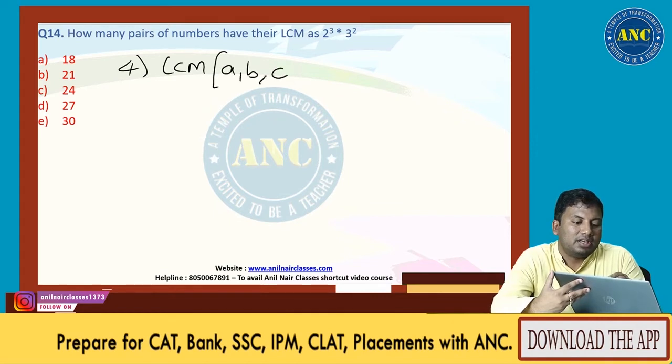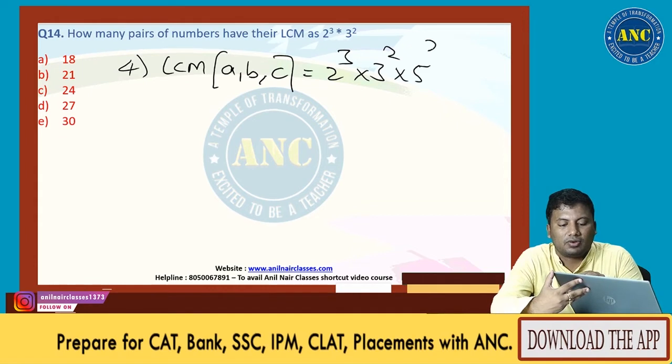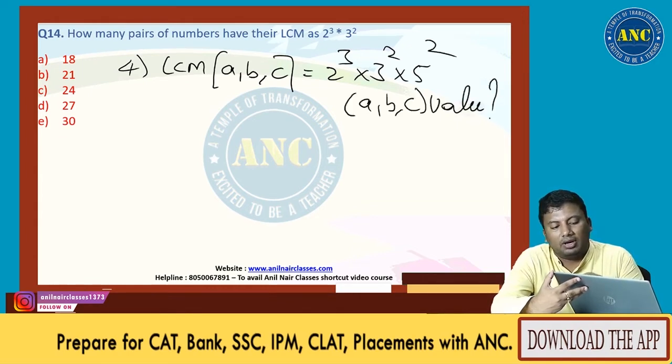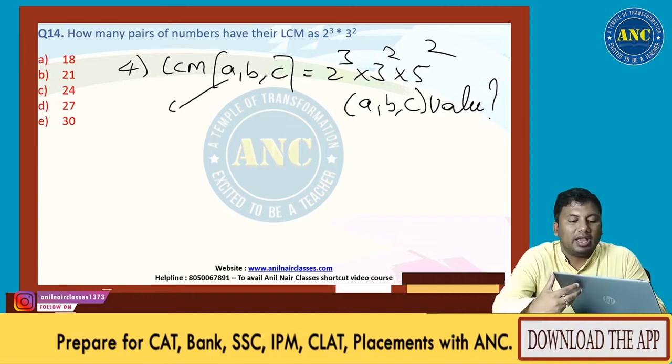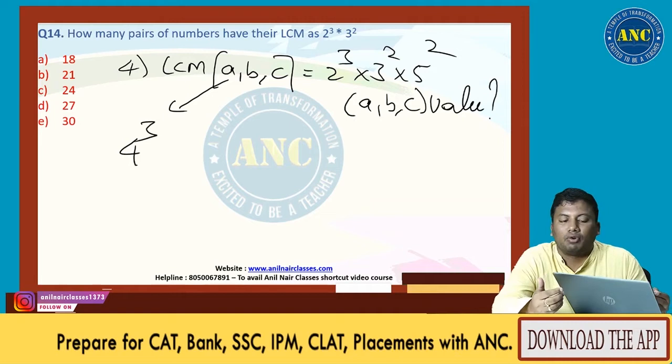LCM of ABC equivalent to 2 cube into 3 square into 5 square. How many values ABC can take? A can take from 0 to 3, 4 cases. 3 variables are there. 4 cube minus 3 cube, because A will not take 2 power 3 alone, from 0 to 2.